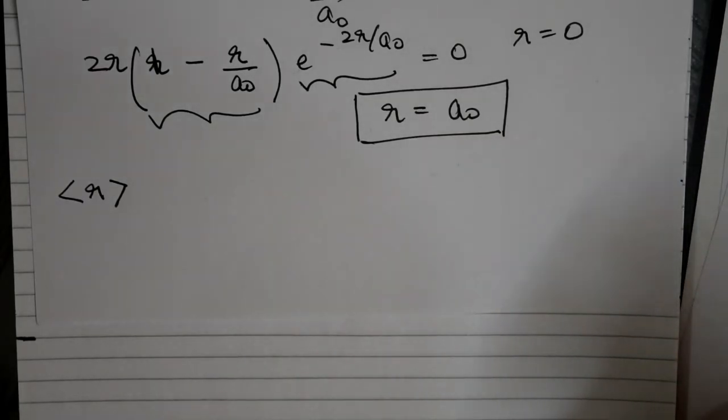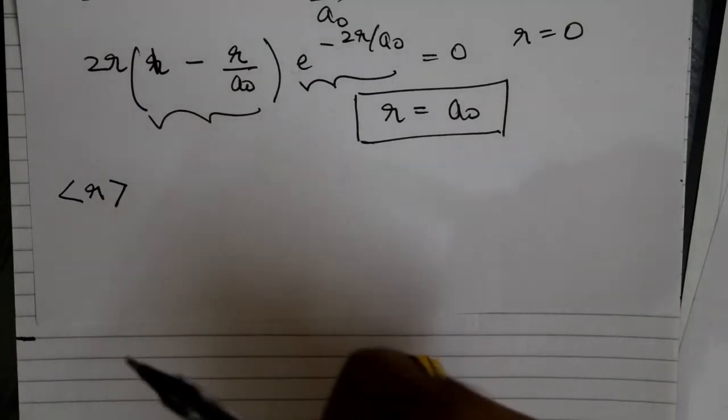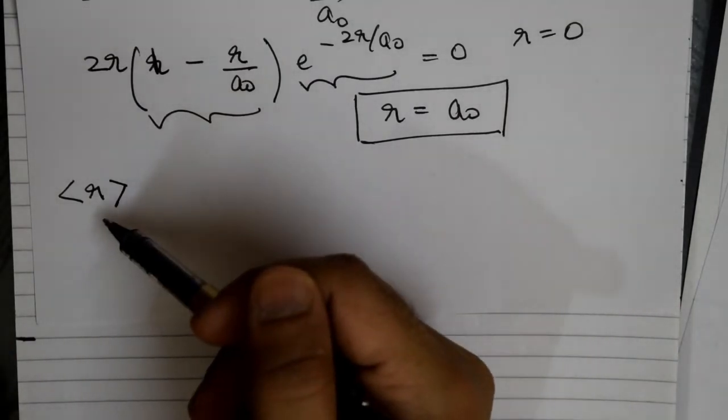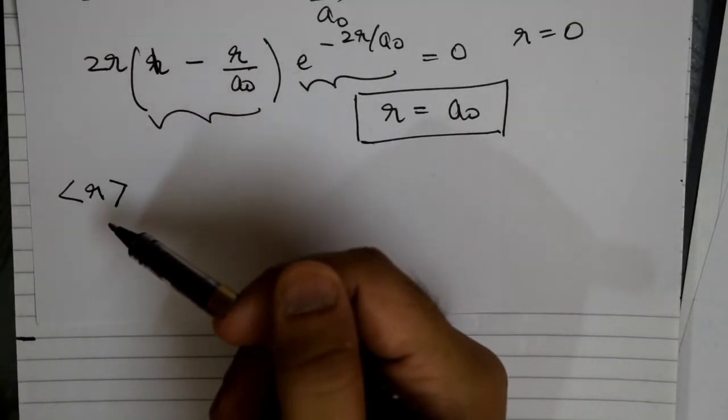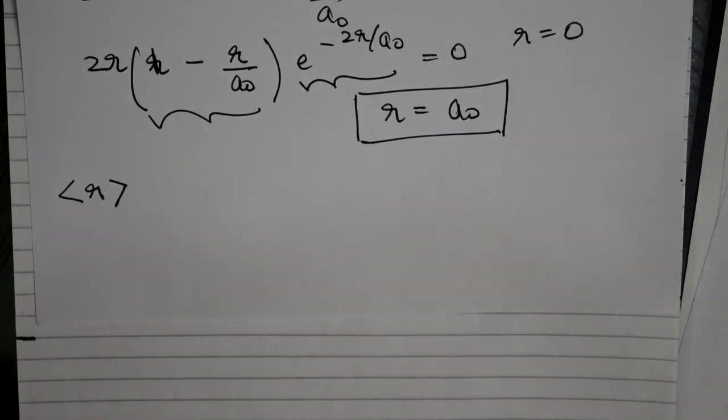Since it's an asymmetric function, it will be useful to understand the mean, or rather the expectation value of r. This is not surprising to you, because you might have seen similar cases for the Maxwell-Boltzmann distribution of molecular velocities, which is also an asymmetric function.